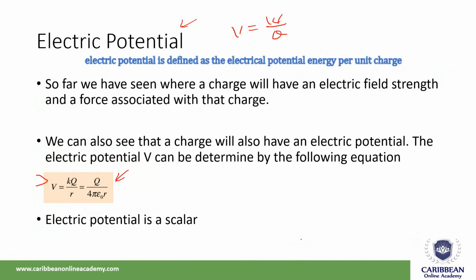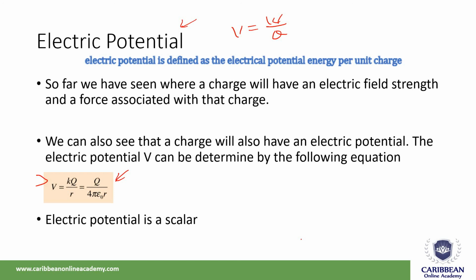Now, with every charged particle that we have, that charged particle will have some type of potential, which means that it will have some amount of energy that is stored.